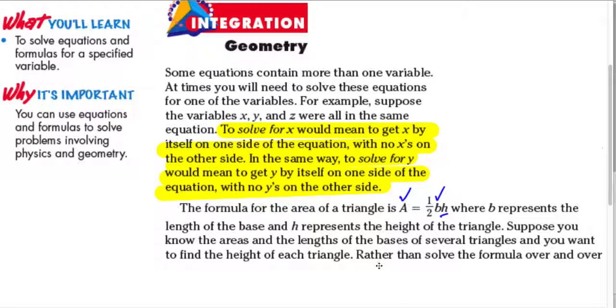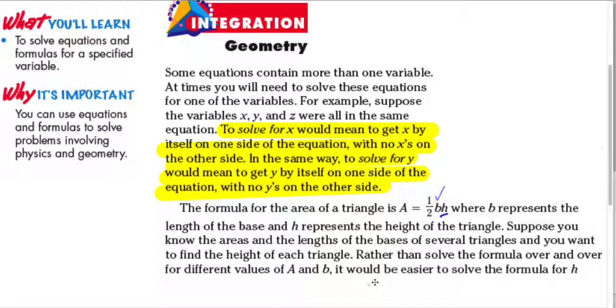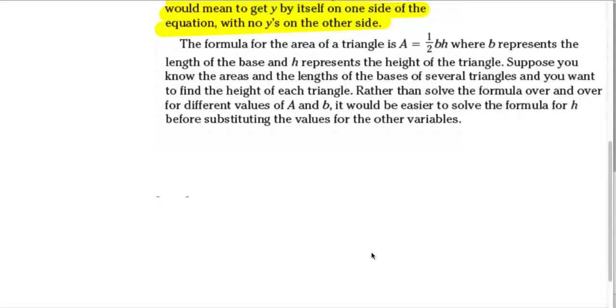Rather than solve the formula over and over again for different values of a and b, it would be easier to solve the formula for h before substituting the values for the variables. Let's do that right now. Again, we go back to area equals 1/2 base times height, and we want to solve for h.